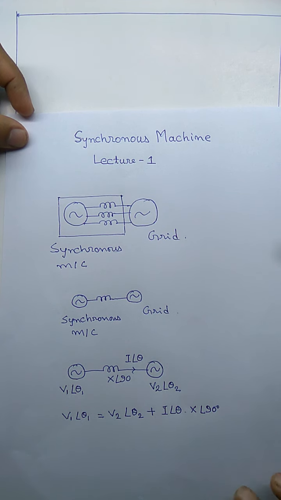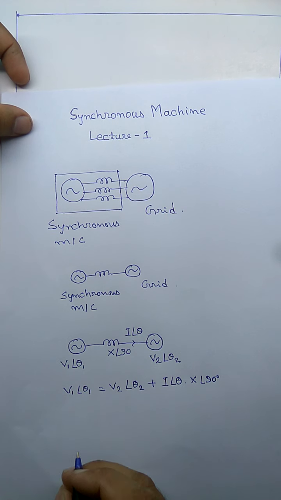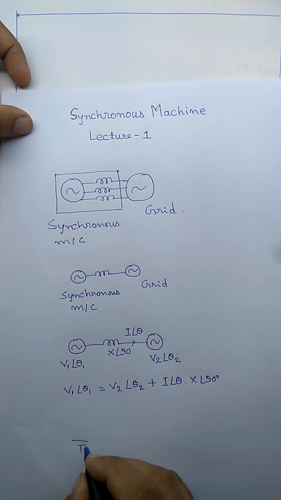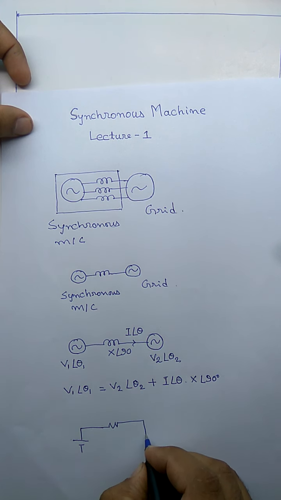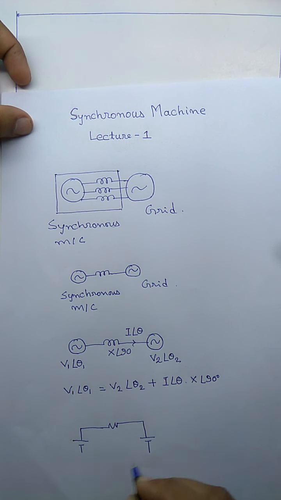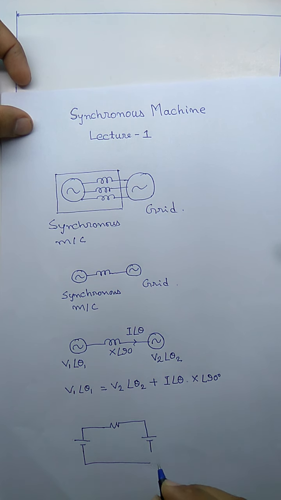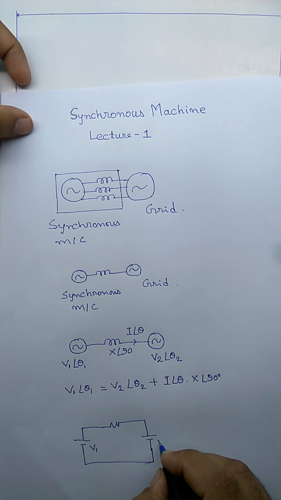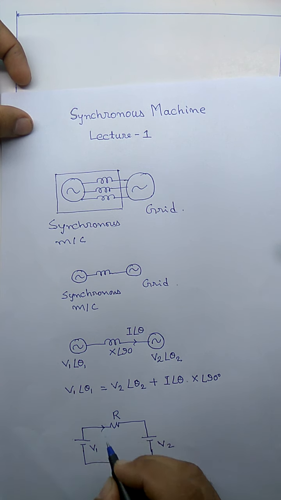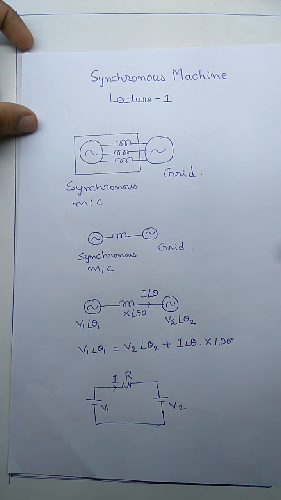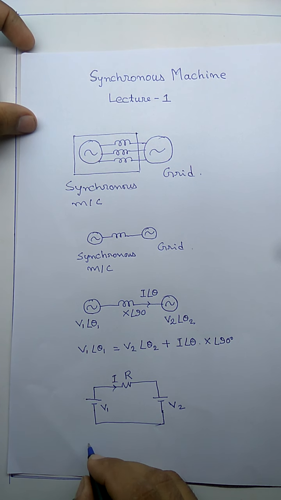Let's go back one step and take another simple example with a DC circuit. Let's take this as a DC circuit having two voltage sources. This is V1, this is V2, this is R, and this is I. Now how will we write KVL?